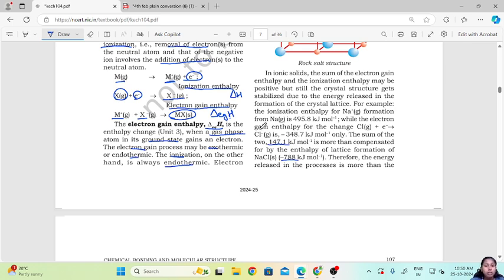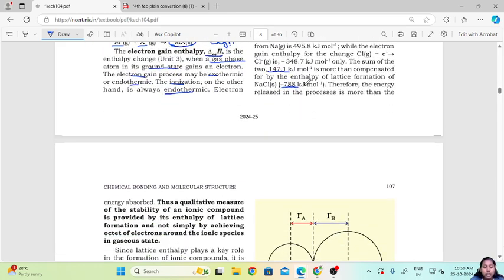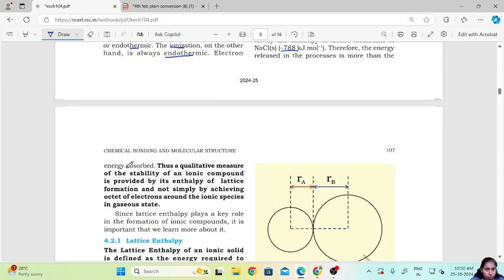So you can conclude that the energy released in the process is more than the energy absorbed. Thus the stability of an ionic compound is provided by its enthalpy of lattice formation. The energy released in forming the lattice provides the stability to the ionic compound, and it is not simply because of the octet of electrons around the ionic species.